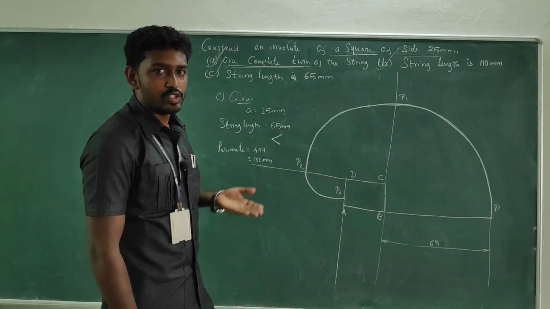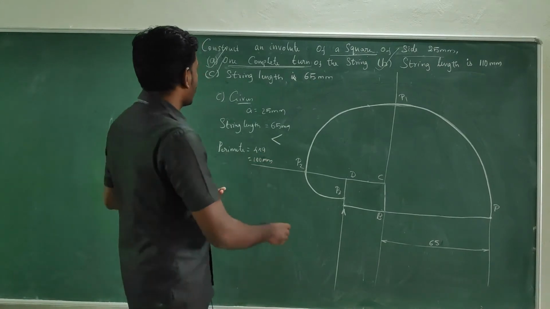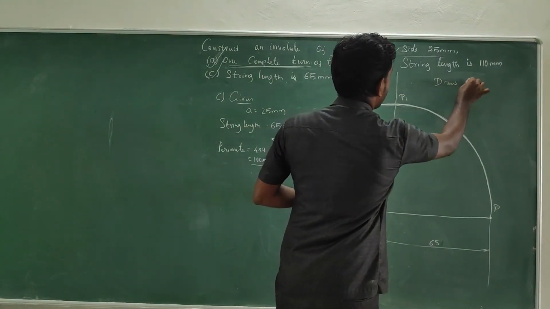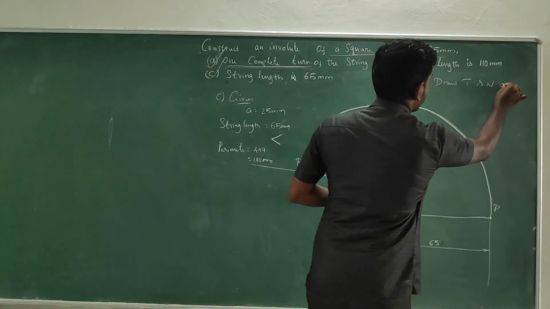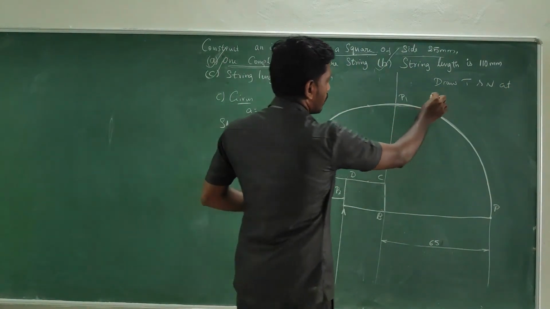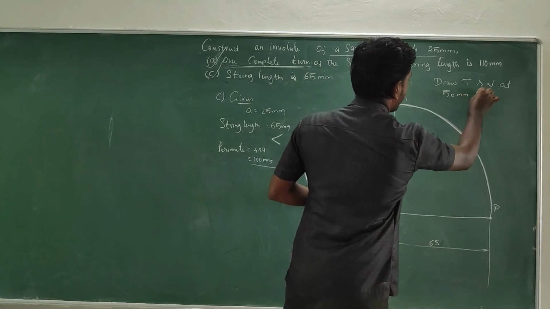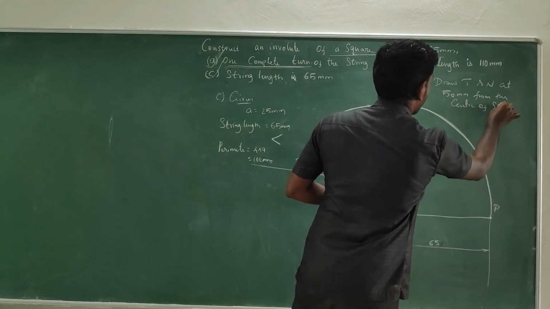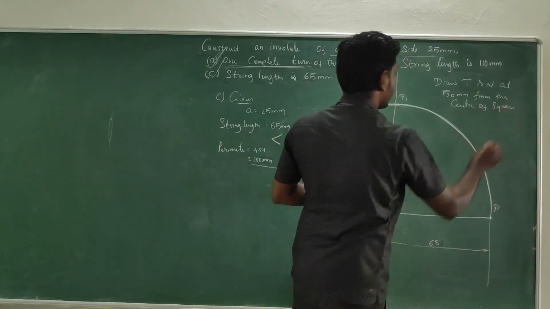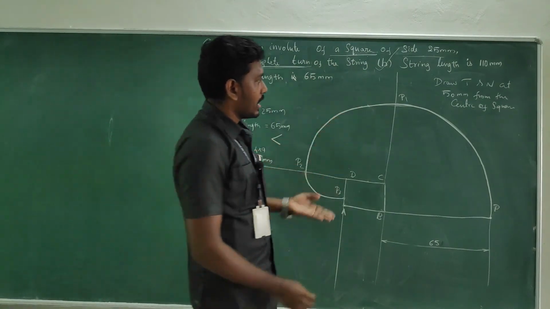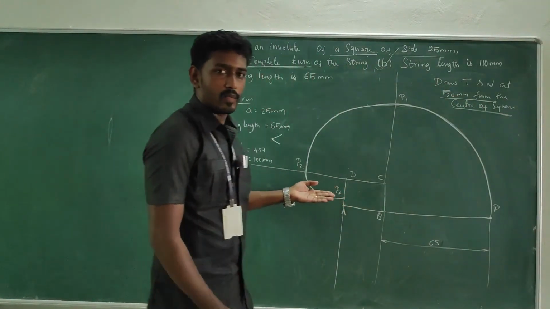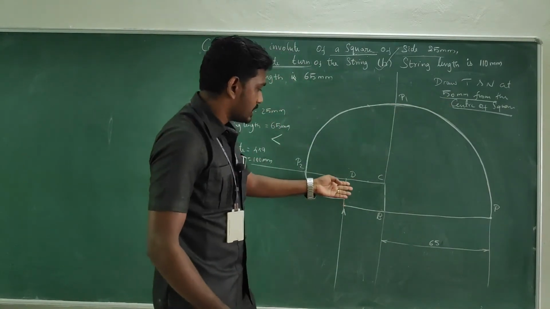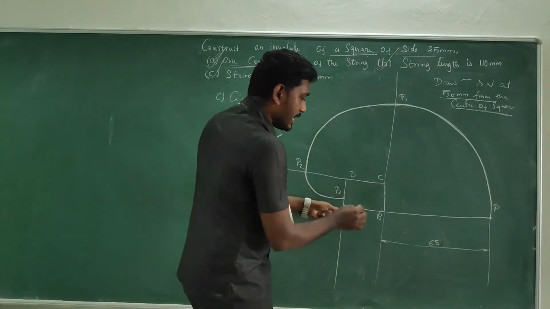In some cases they specify, draw the tangent and normal at 50 mm from the center of the square, like that. If you are given such a condition, from the center we have to take 50 mm. For that, this is the square for which we need a center.